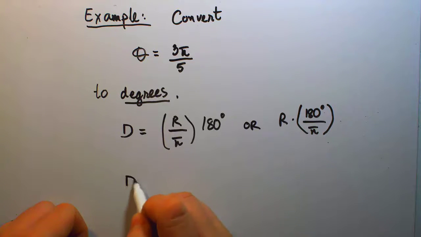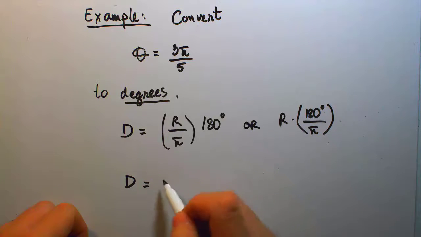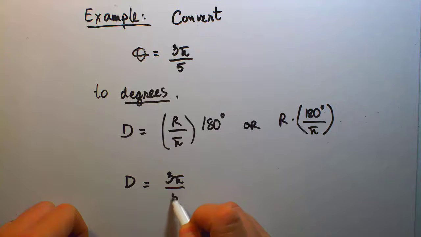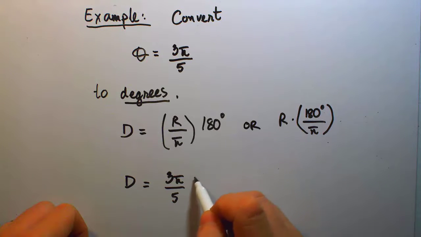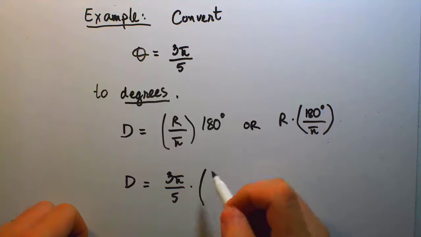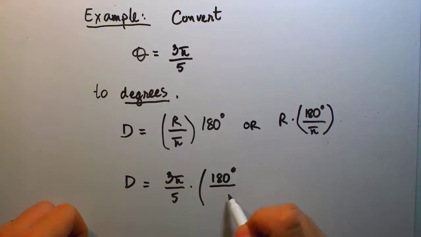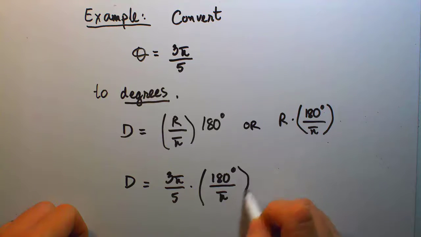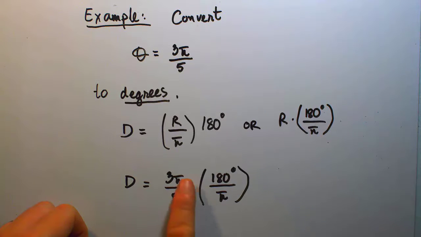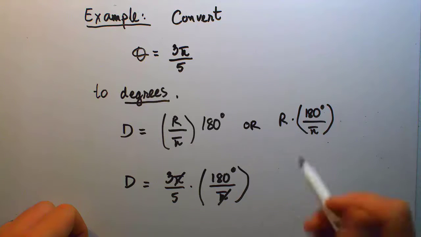So in this case, our degree is going to be from where you're given 3 pi over 5 in radians. We're going to multiply by 180 and divide by pi. And so now immediately pi cancels with the pi as a common factor, and 5 also has a common factor with the 180.